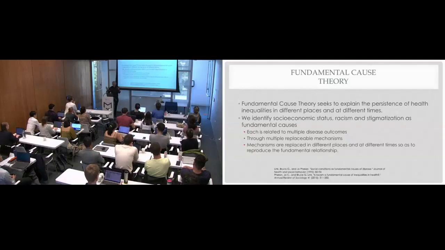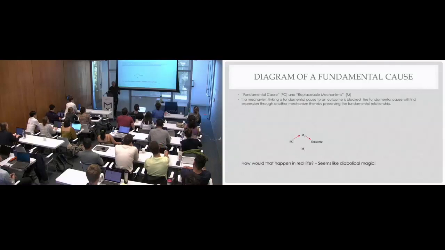Each one is related to multiple disease outcomes. So it's making predictions about multiple outcomes through multiple replaceable mechanisms. And the mechanisms are replaced in different places and different times so as to reproduce the fundamental relationship. So let me give you a diagram. This is a very simple diagram of what I'm talking about.